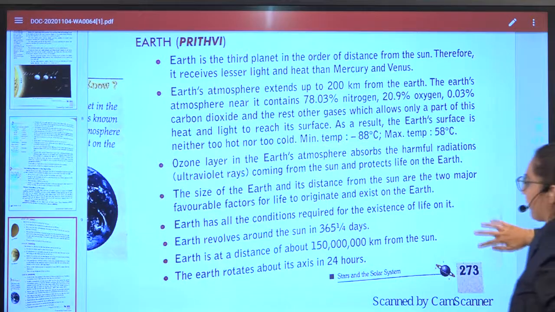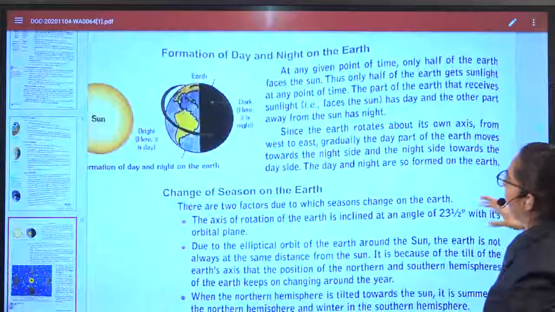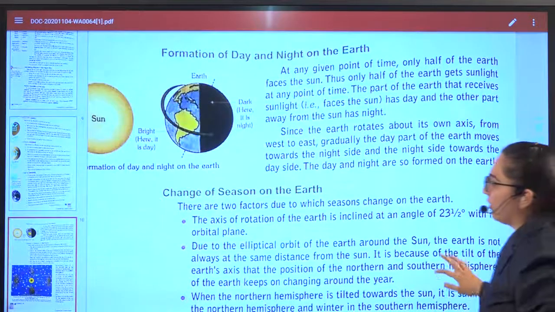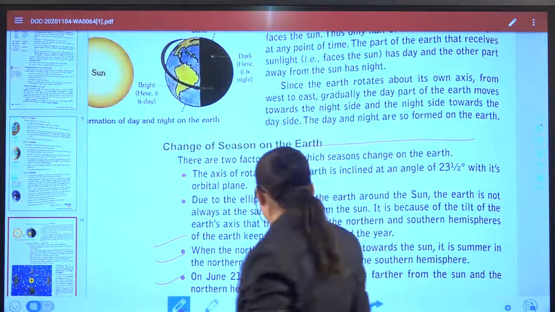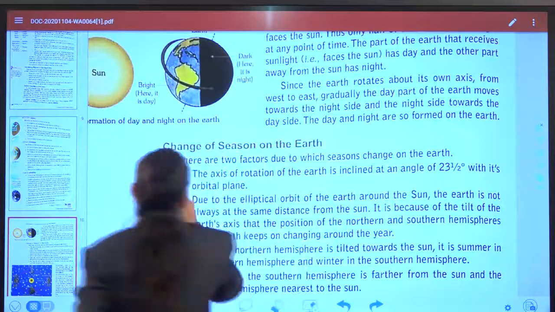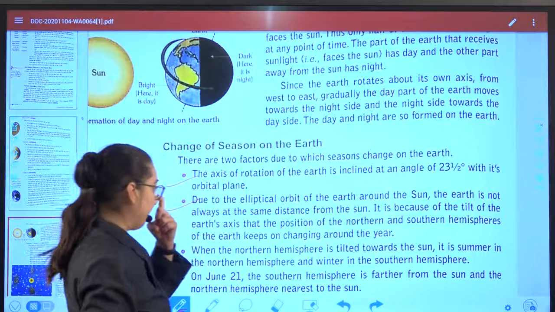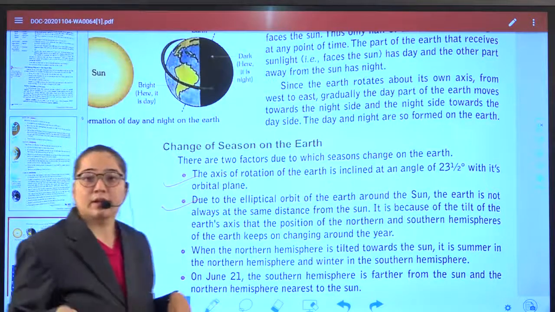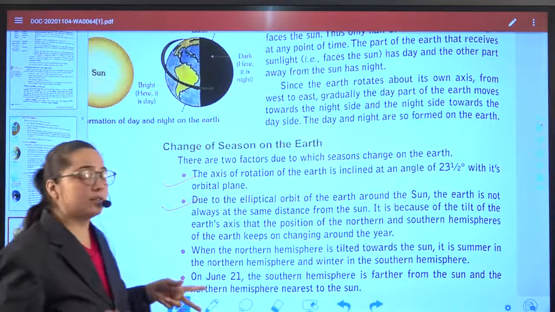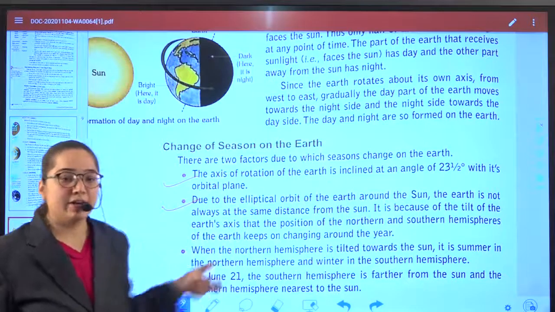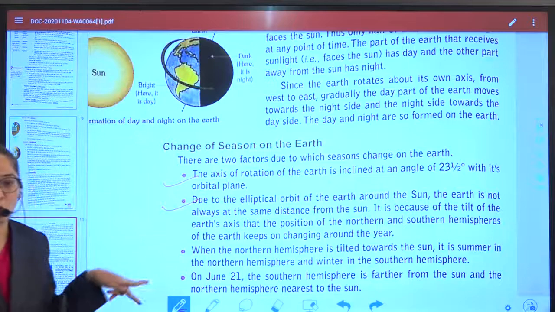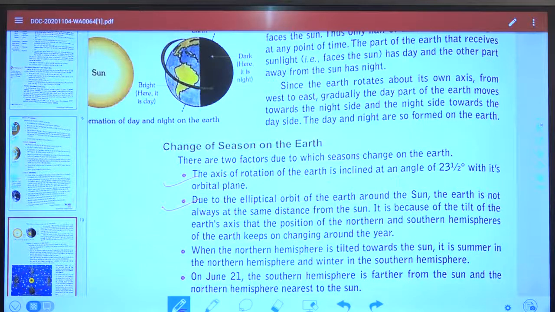Okay. Next is the formation of DNA. Night, you can write it in your own words. जो सन को फेस करे वो डे. रेस्ट इज the rest one is the night time. And why is the change in season occurring? The first 2 points, read it also.